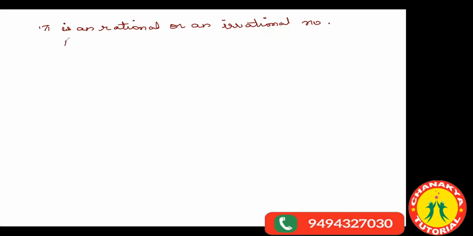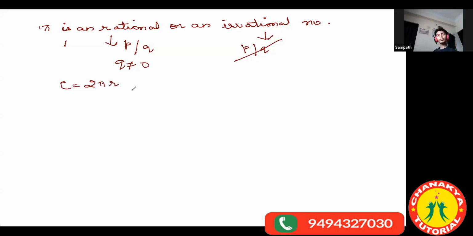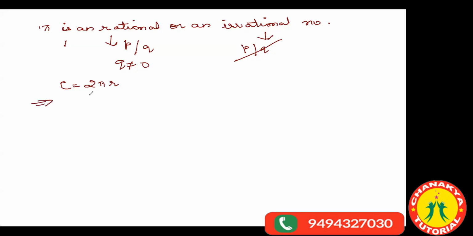A rational number is one which can be written in the form of p by q, where q is not equal to 0, and an irrational number is one which cannot be written in the form of p by q. Now, the value of pi. Circumference is 2 pi r, right? From this expression, sometimes in MCQs they can ask that 2r is equal to the diameter.